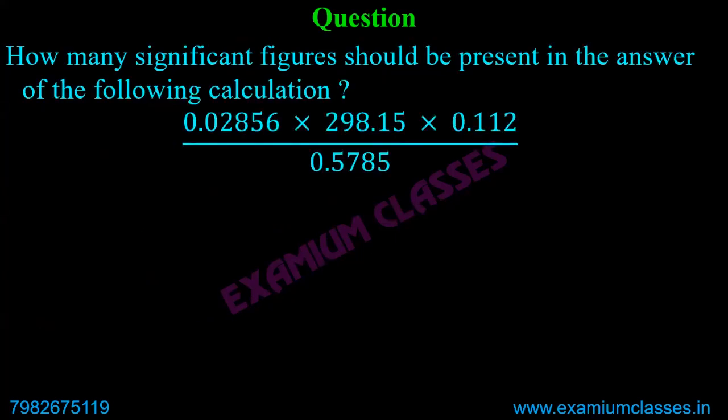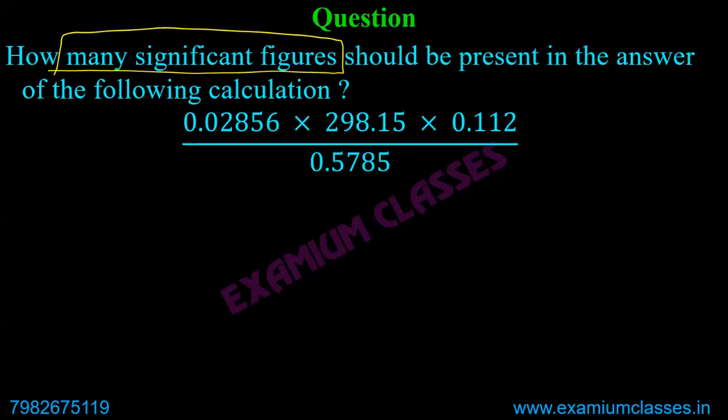Similarly, in this one, if the question is how many significant figures should be present, you don't need to calculate. Remember, sometimes students start calculating and then give the answer. Question is about how many significant figures. Three. Yes, correct. Why three?